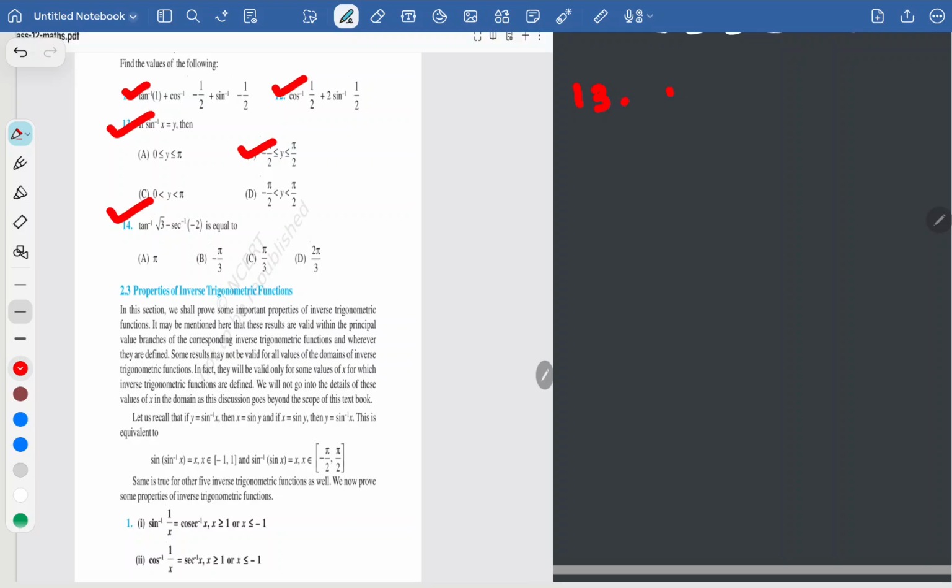In the 13th one, what is given? y equals sine inverse of x.